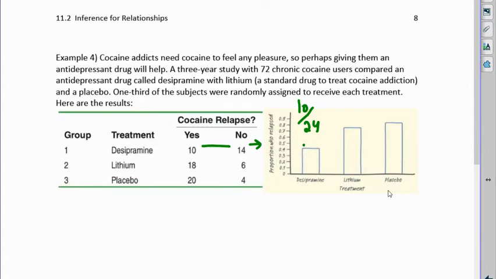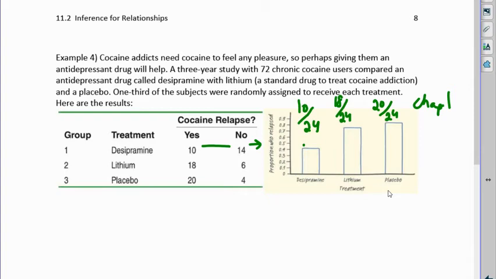So that's why it would be out of 24. And this one right here would have been 18 out of 24. And this would have been 20 out of 24. Because remember, they split those groups into even groups. So that's how they would have done that using the chapter 1 methods. Think of what you're basing your situation on. And this would have been based on the treatment use. So the treatment totals would have been our bases for our percentages.